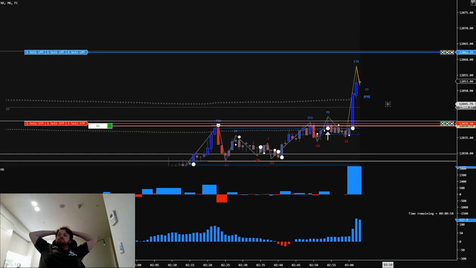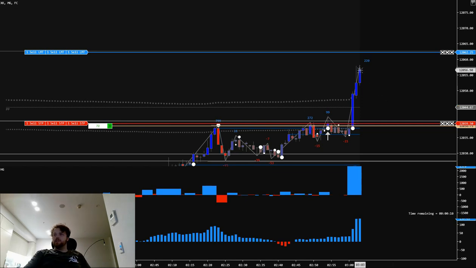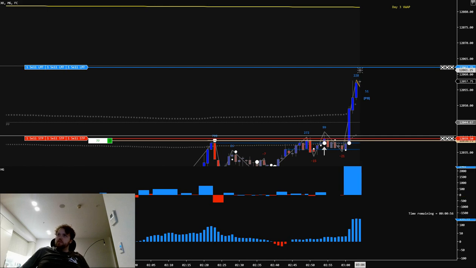So yeah, you can leave money on the table sometimes, but the fact that I'm getting the first target is a good thing. So it looks like we're going to rally, hopefully to that zone there, and then you just call it a day. So if this hits within the next 5 minutes, that's an hour and 5 minutes of trading. I would have been done in the first 16 minutes after that first trade.